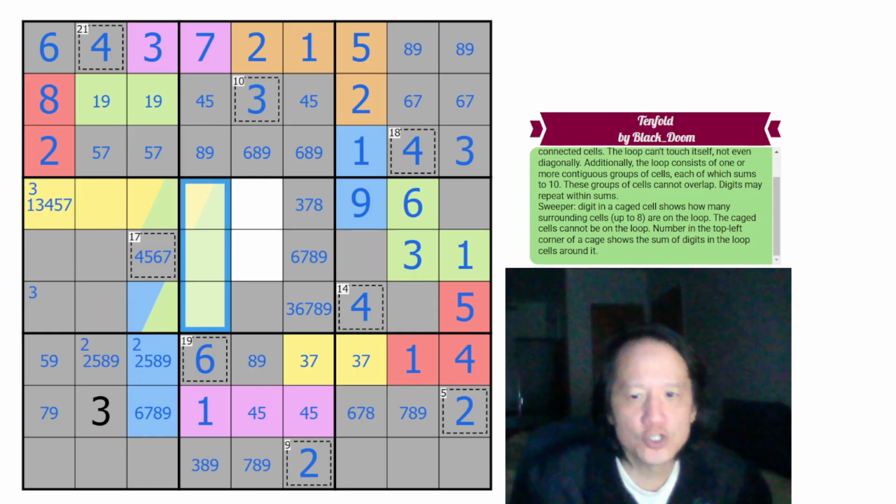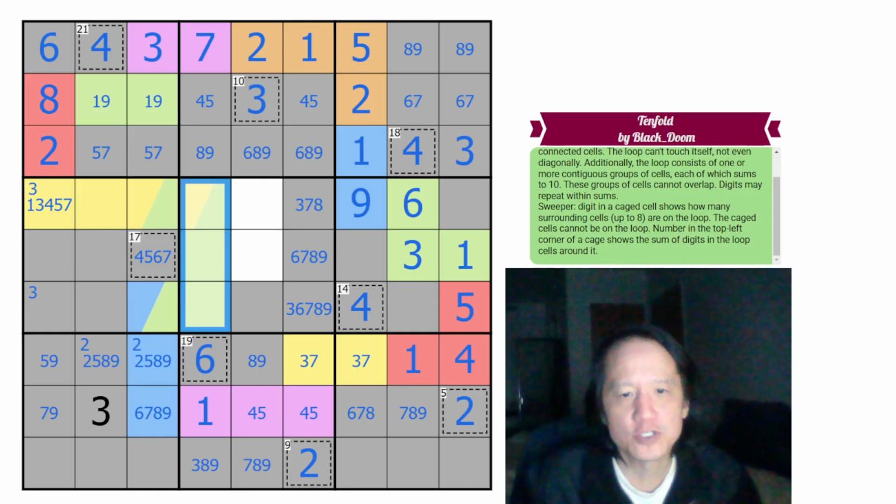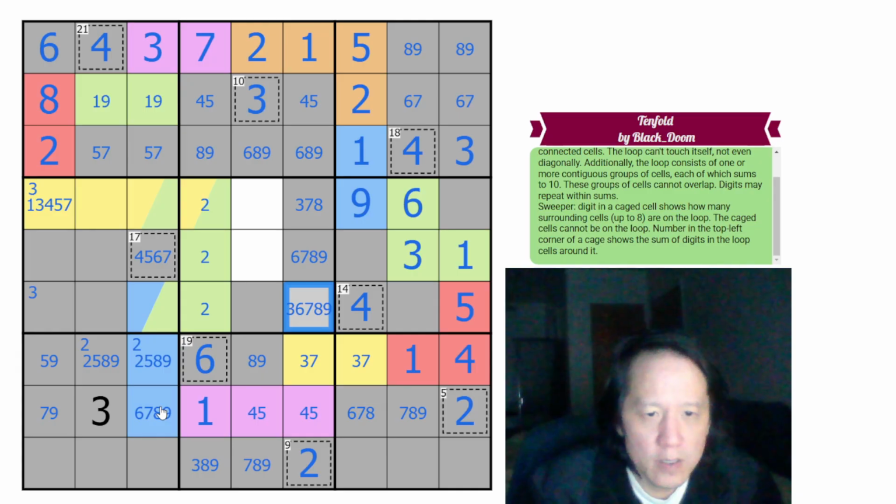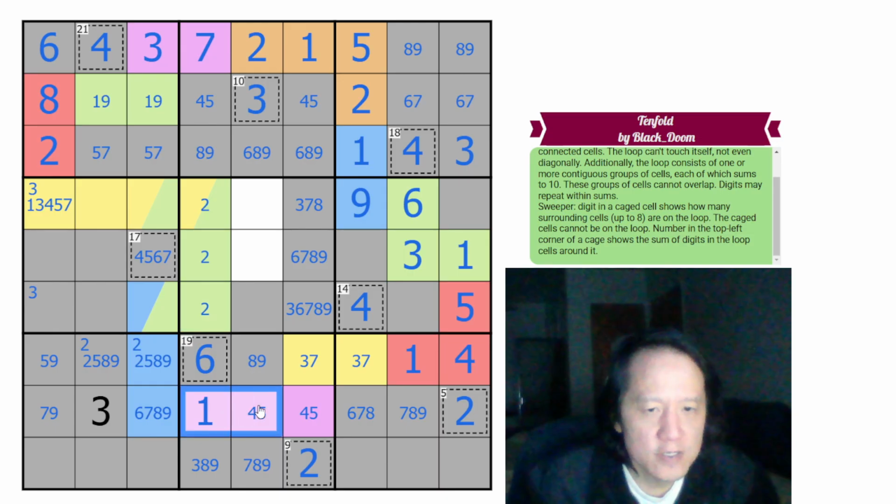We know there's a 2 in one of these cells. We're not sure where, though. What is this, at least? This is at most 1 in 5.